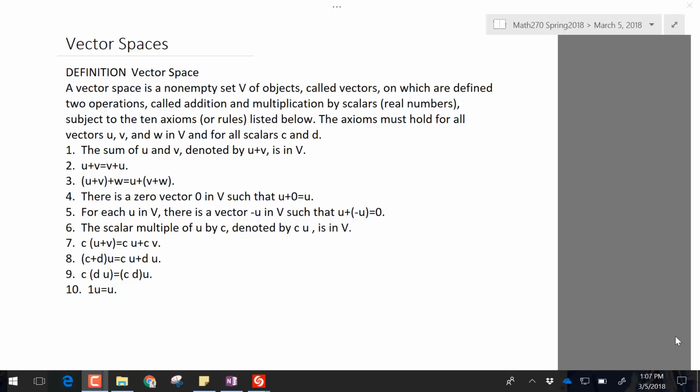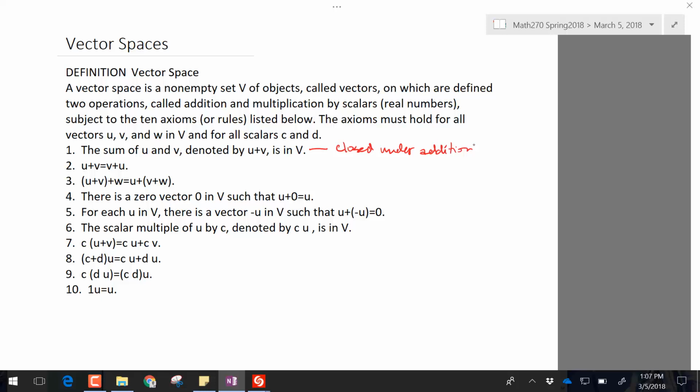The first one: the sum of u and v is still in V. This is to say that it is closed under addition. Closed meaning if I combine these things, then I'm still going to be within my vector space.